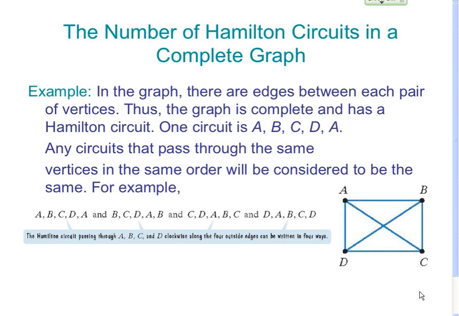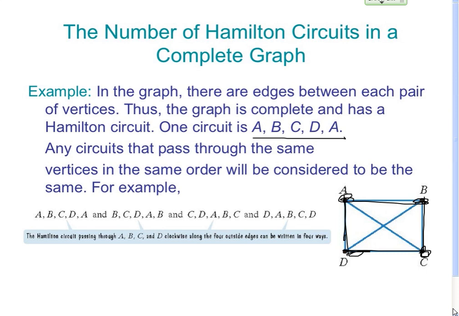In the graph, there are edges between each pair of vertices. The graph is complete, and it has a Hamilton circuit. One of these circuits is A, B, C, D, A.